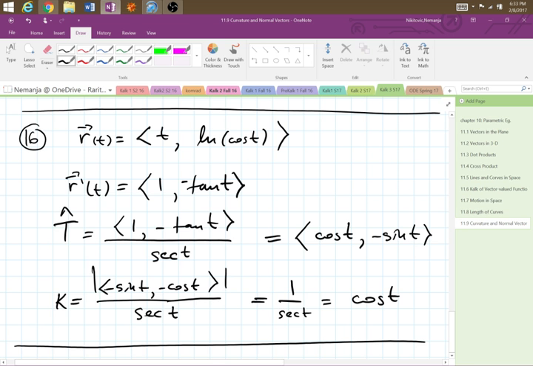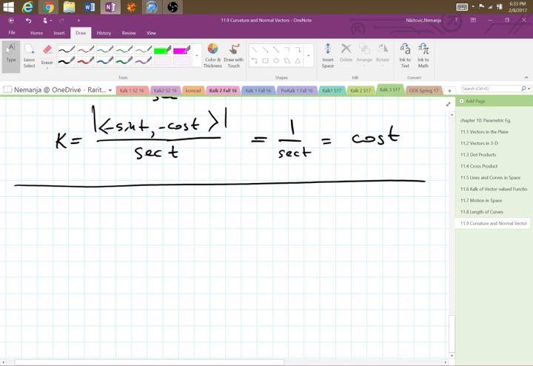That's the first half. Second half is the principal unit normal vector.